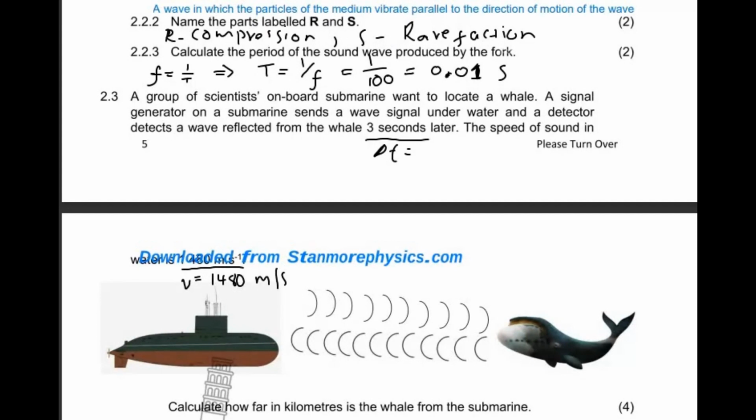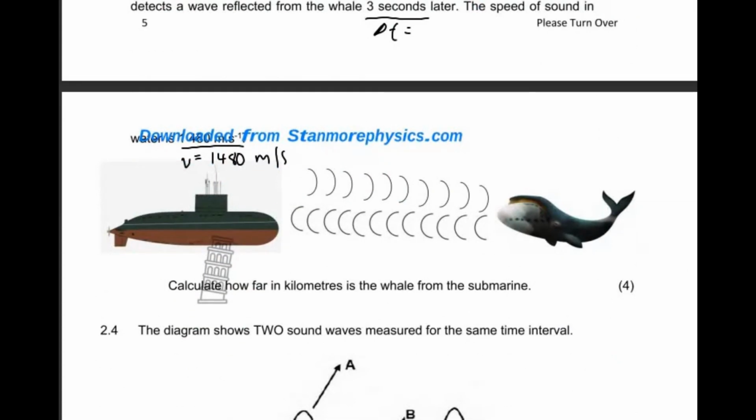So we have a submarine over here. It sends out a signal because we want to locate where exactly this whale is. So it will send out a sound signal. Remember, sound waves can be reflected.